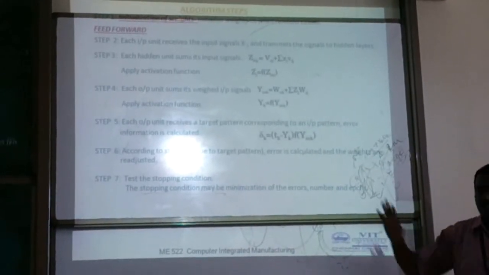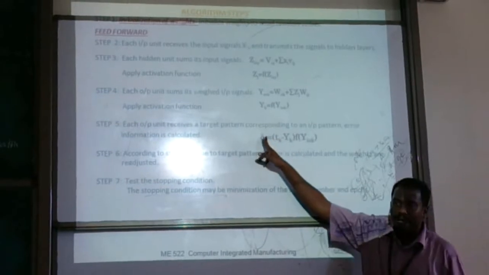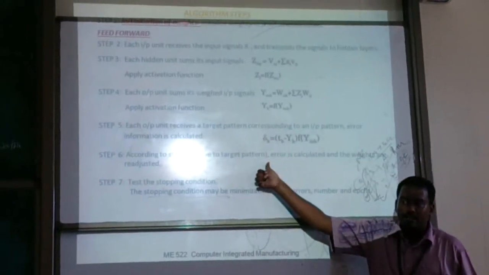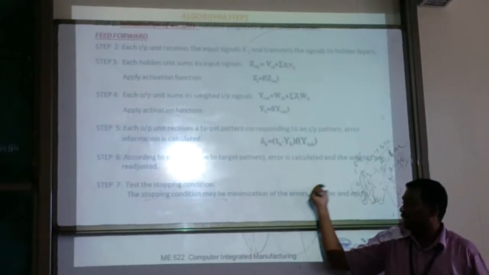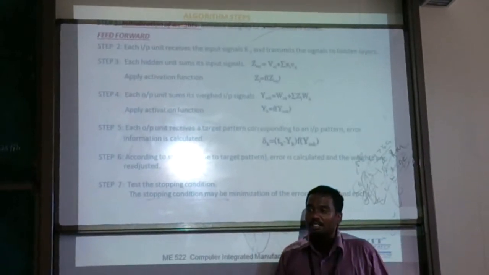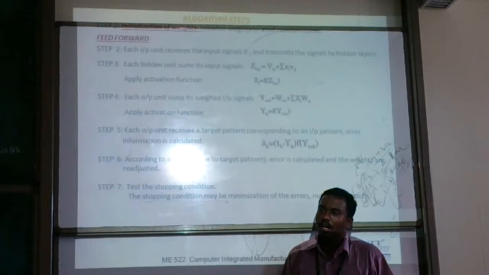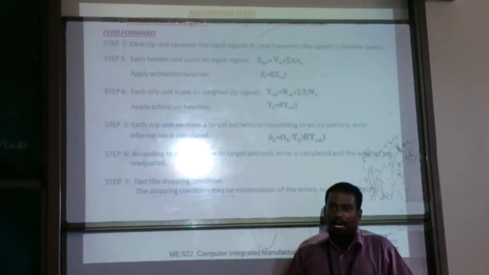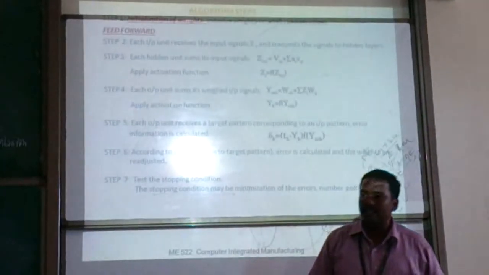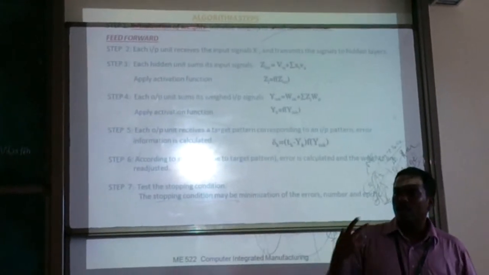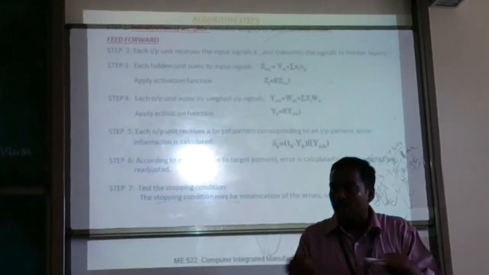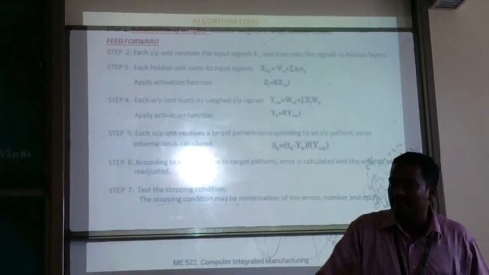If you have any error in the comparison, you have to readjust the weights. How to readjust the weights? That corresponding architecture, the model framed in your soft computing, will not readjust the weights by itself.